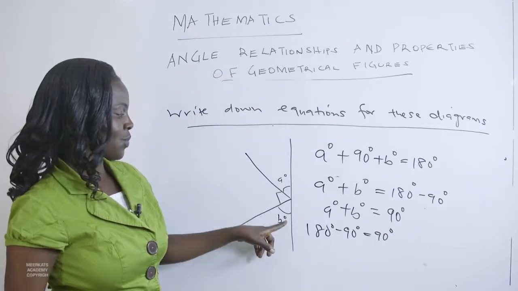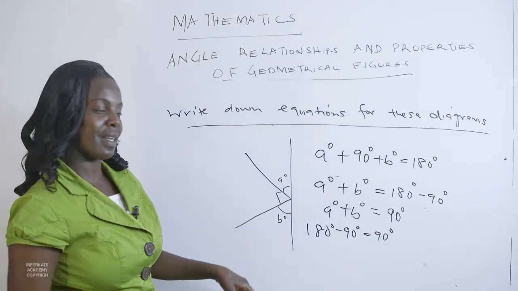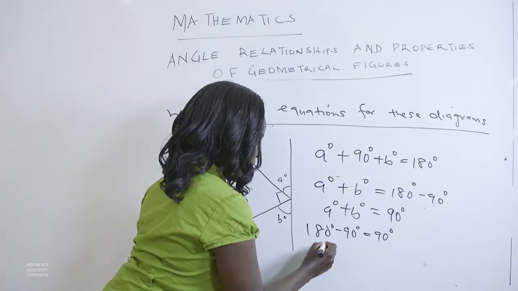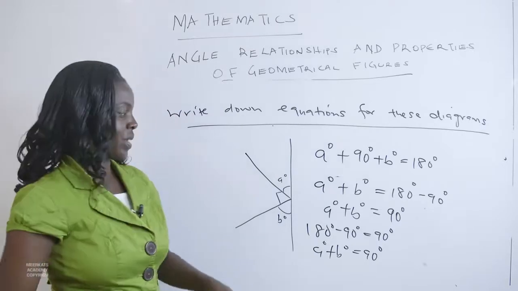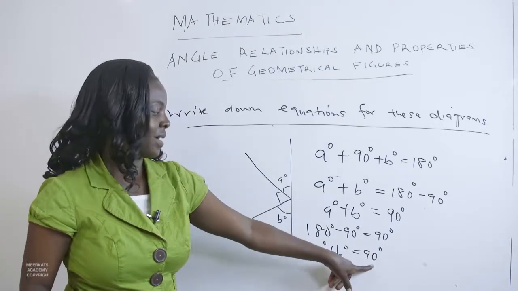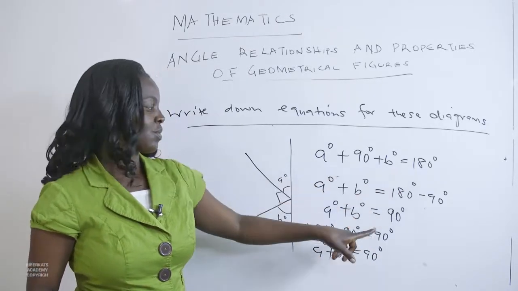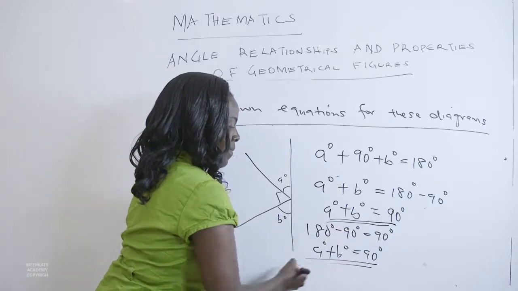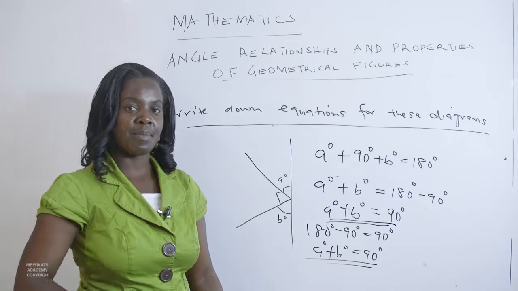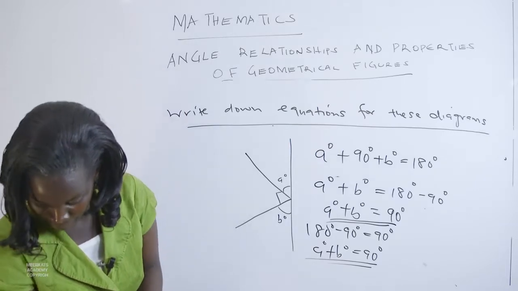That means A and B should give us 90 degrees. So we can start from here, or we can follow this route, but we'll have the same answer.